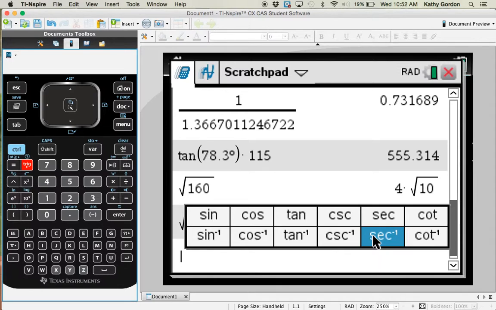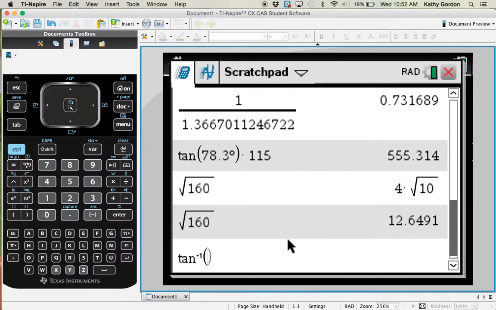When I say f of -1, I mean inverse function. Well, these sine to the -1, tangent to the -1, these are all inverse trig functions. So I pick the inverse tangent. I put in my 1/3, and I hit enter.